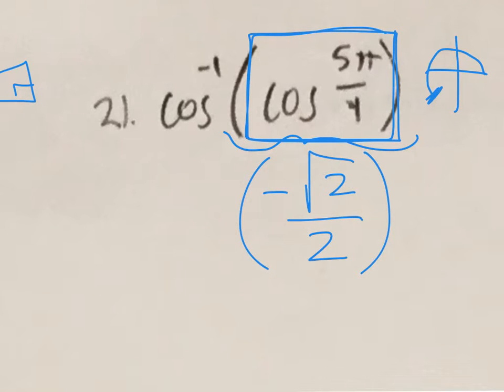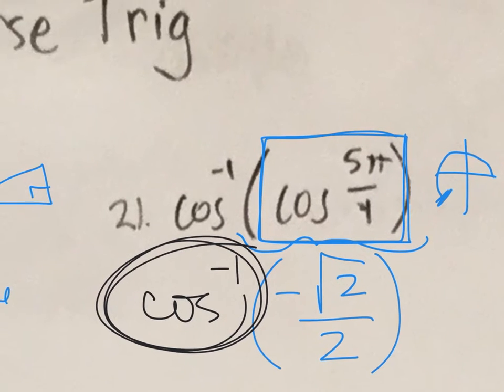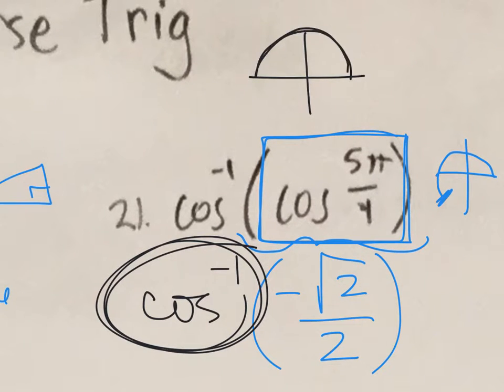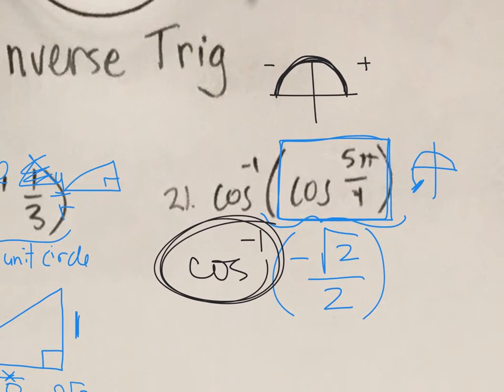So now we want to find the other angle in the domain of arc cosine. Okay, so all the answers for arc cosine come from the top half of your unit circle. Okay, that is the range of arc cosine, because on the top half of your unit circle, all of the x values are unique. Positive x values over here, negative x values over there. There are no repeaters whatsoever.